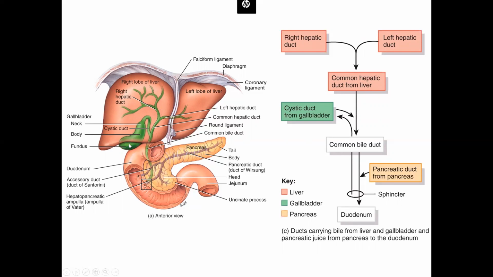Then it contracts because there are contractile fibers pushing that bile down into the common bile duct, and that common bile duct joins the pancreatic duct in the same spot, dumping that pancreatic juice and the bile into the duodenum, which is what this figure is showing you here.